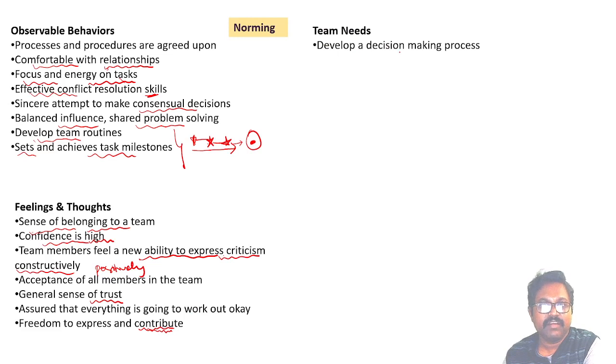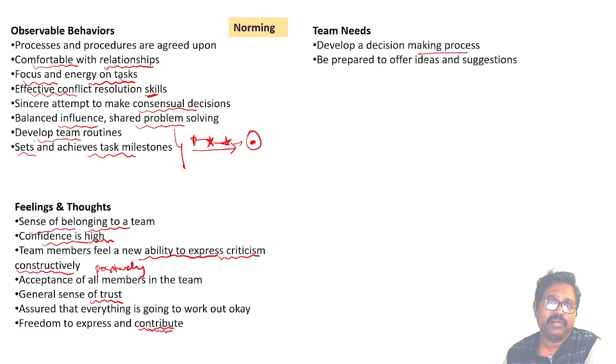They develop a decision making process. So as a team they will be able to take a decision. They can make a decision and be prepared to offer ideas and suggestions. So that's what we were discussing. There will be freedom of expression of thoughts, so that they can share their ideas and suggestions, and even the problem solving is shared.